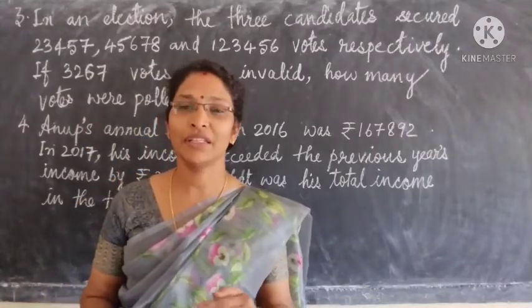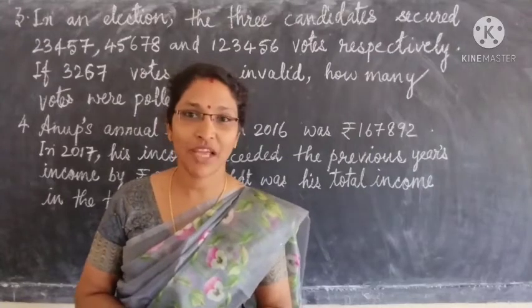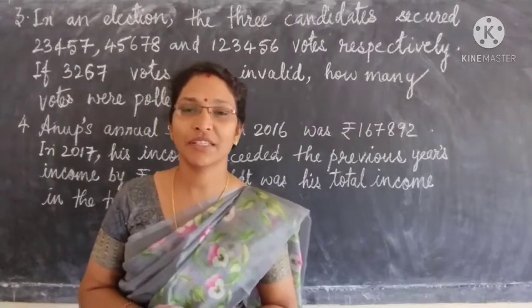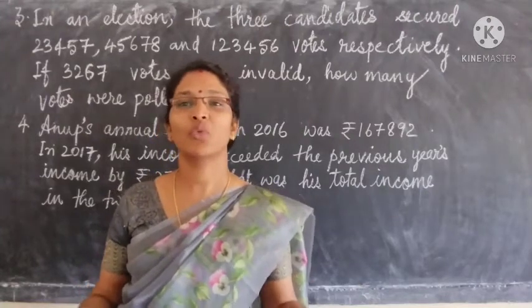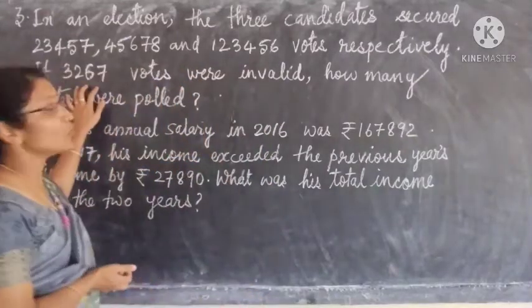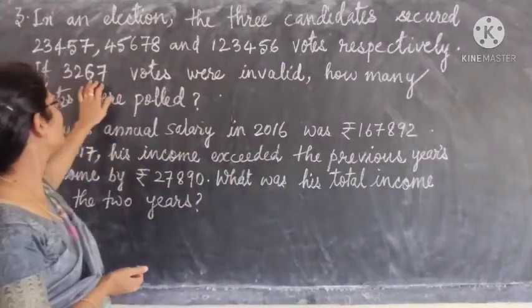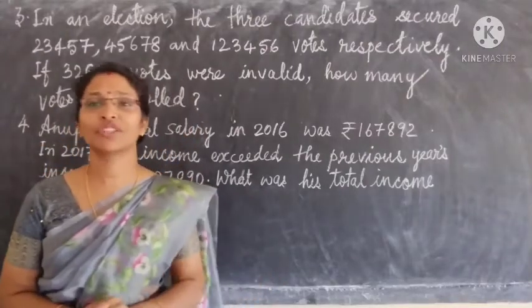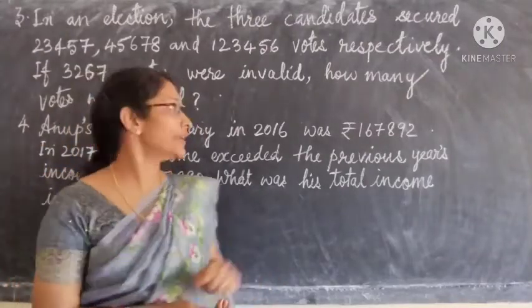Some people vote for 2 persons at the same time, and some vote in between 2 persons. In such cases the vote becomes invalid. Here, how many votes were invalid? 3,267 votes. But those votes also were polled.